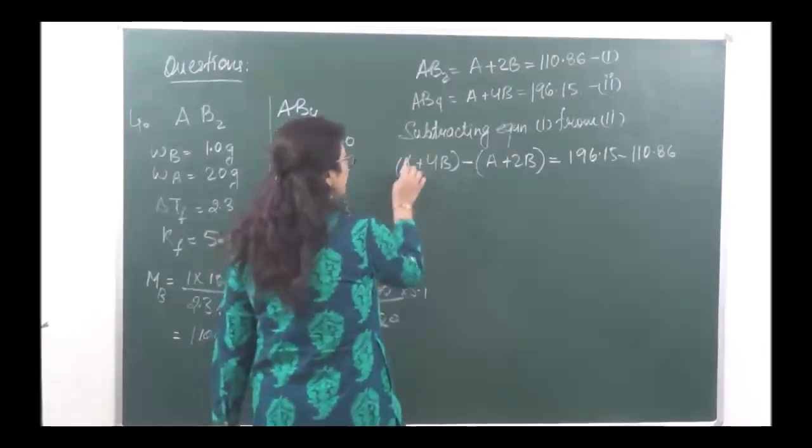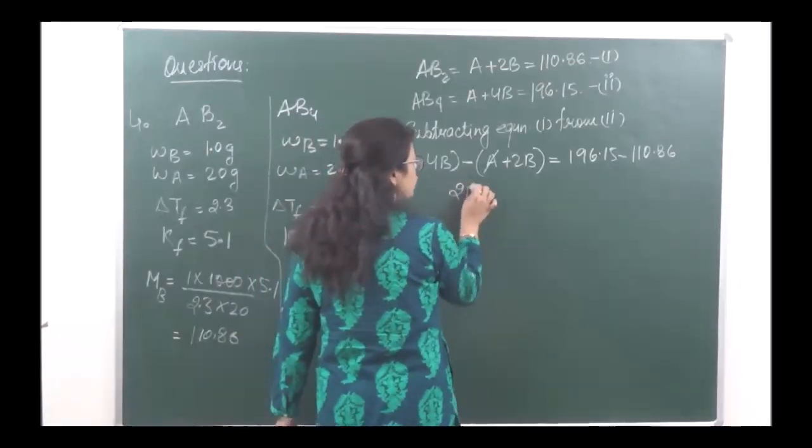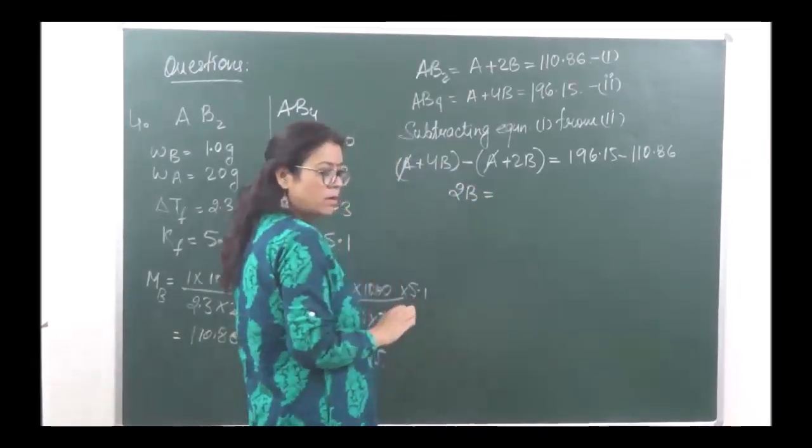Over here, A and A will be cancelled, and 4B minus 2B becomes 2B.